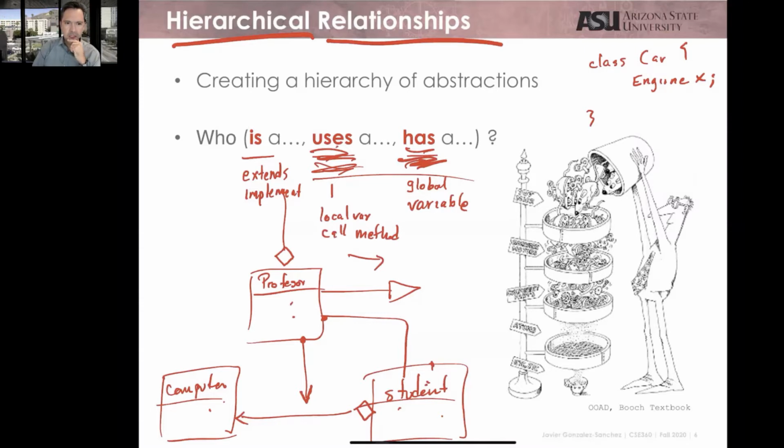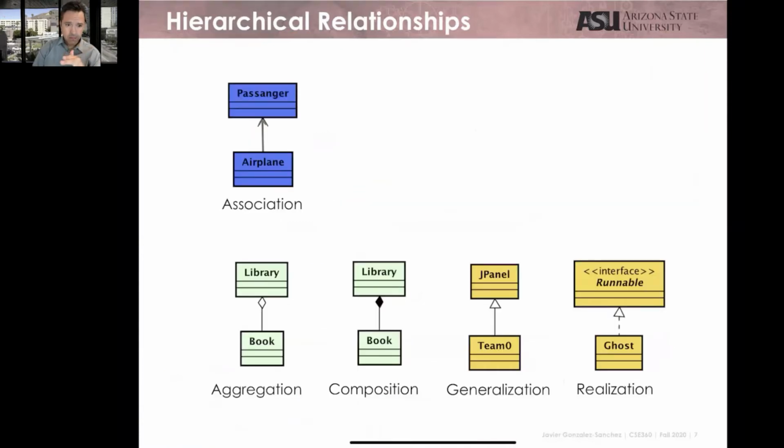It should be a better way than starting from scratch every single time. We need to review the relationships that we reviewed before, the names that hopefully you remember and can put in a diagram: association, aggregation, composition, generalization, and realization. Remember, realization in Java is what you know as implements.